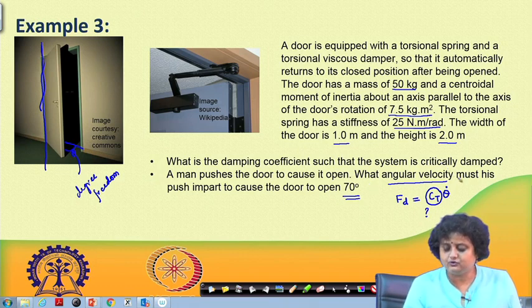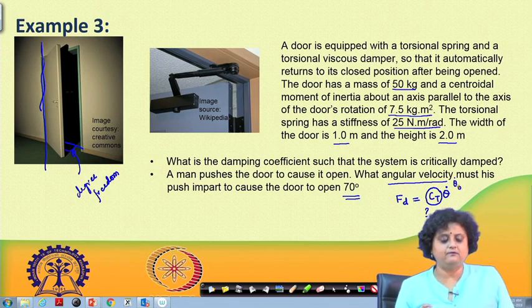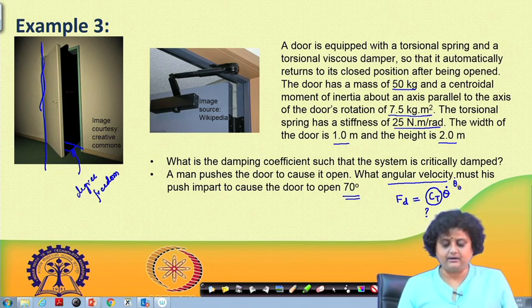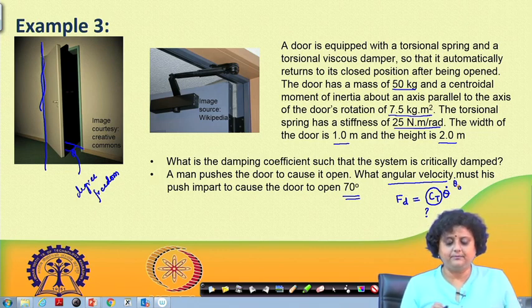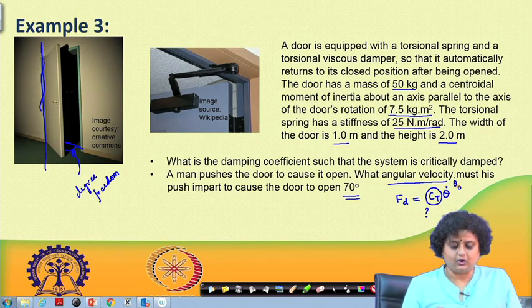Our job is to find out the angular velocity theta dot 0, the initial angular velocity that has to be imparted to the door. This being the problem, let us try to solve it.